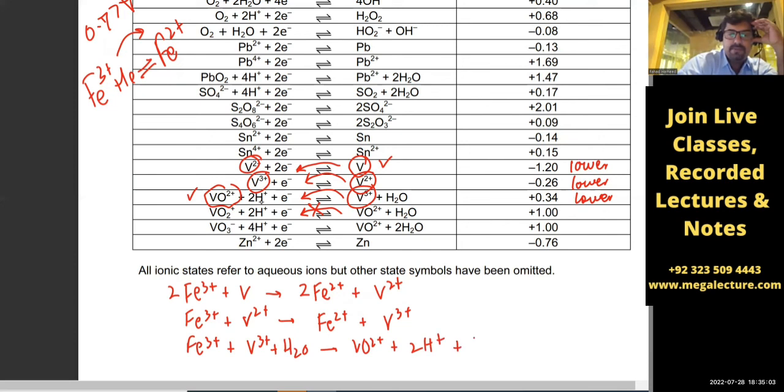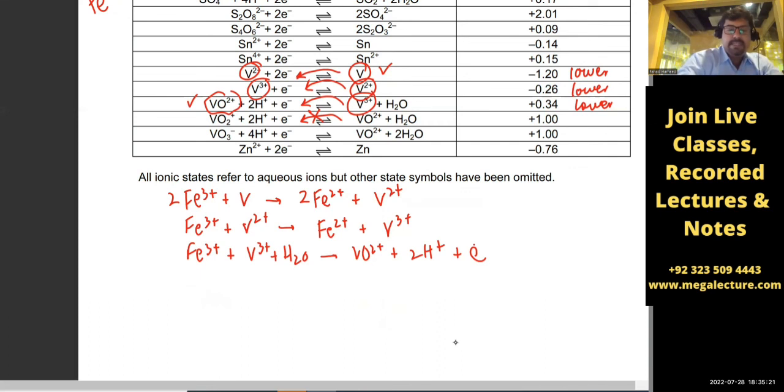Sorry, plus 1 electron. And once it forms VO2 plus, after that there would be no reaction, because then Fe3 plus will not be the higher potential. Or actually it will be the higher potential, so it's not going to lose electrons.